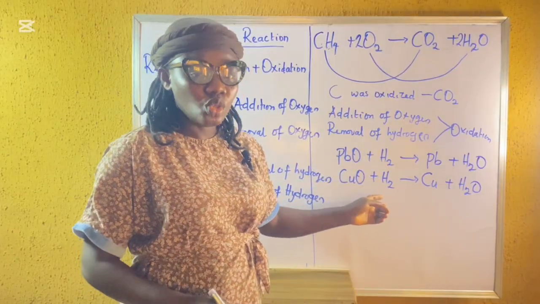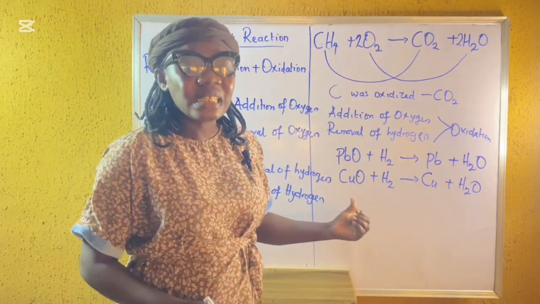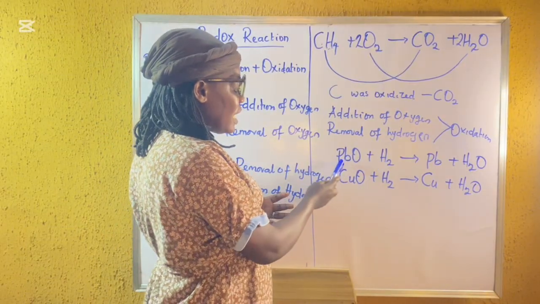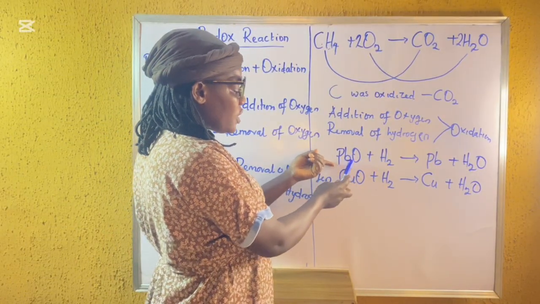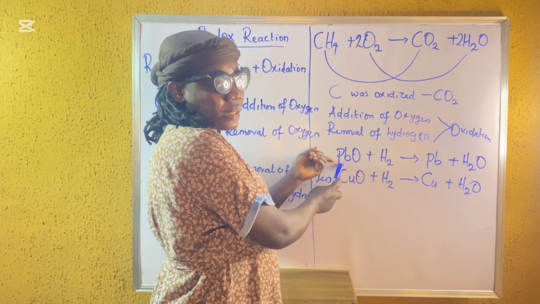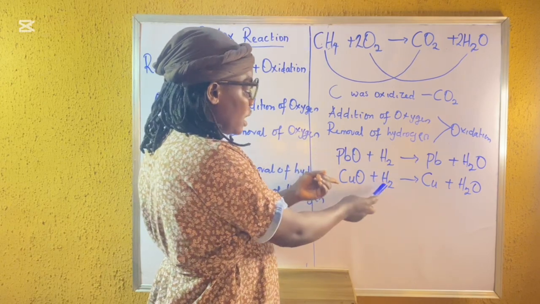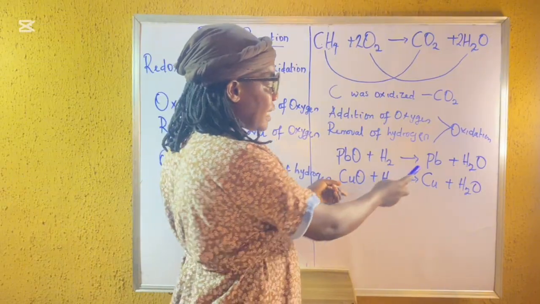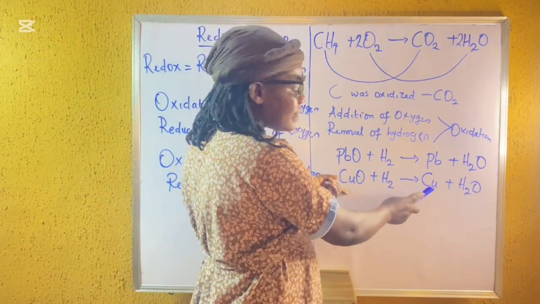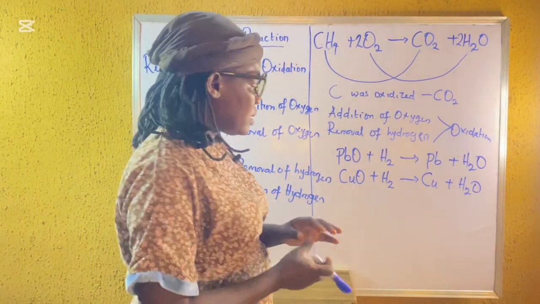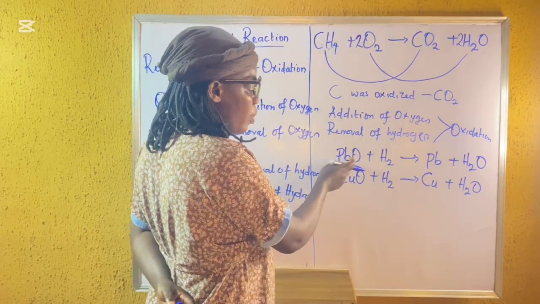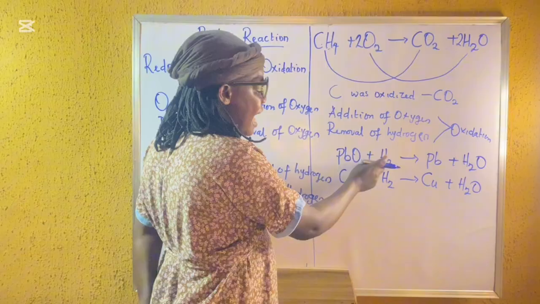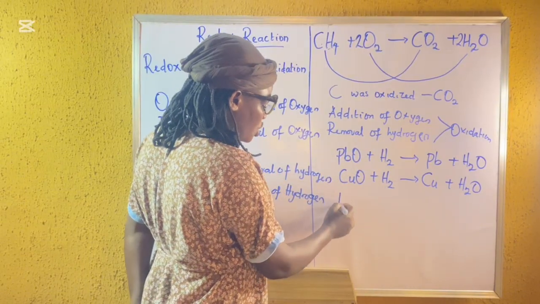What is hydrogen doing to the substances it is added to? You will see here that hydrogen is removing oxygen from the lead oxide. It also removed oxygen from copper oxide and changed it to lead and copper respectively. So at this point now, what hydrogen has done, it has removed oxygen.